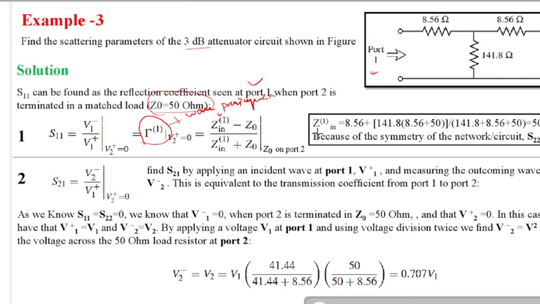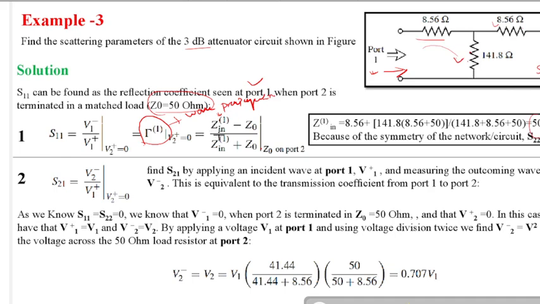So here, see here. Zin from port 1, if you look, these two are in parallel. If 50 ohm is connected here, then 8 and 50 will be in series and in parallel with 141.8. Again this is in series with this one, so the whole combination will give you 50.